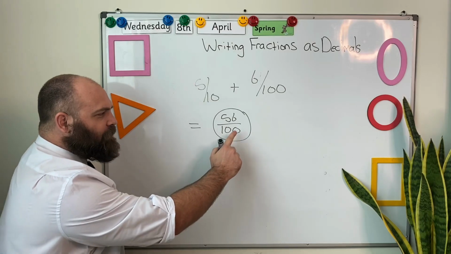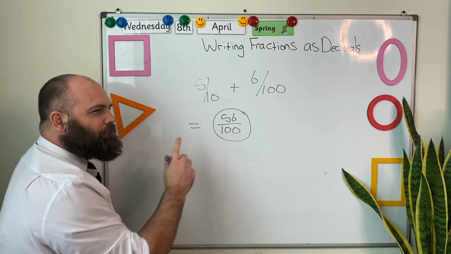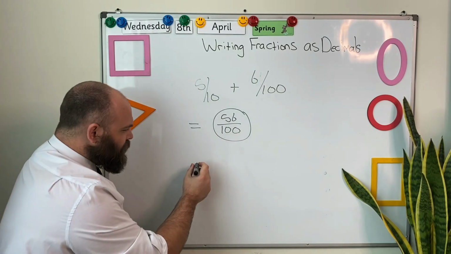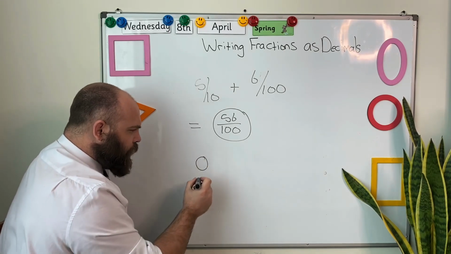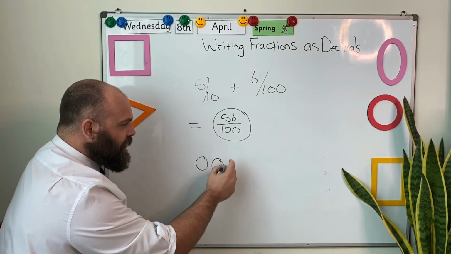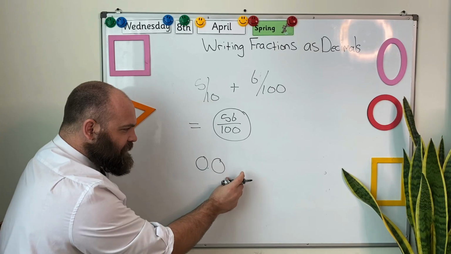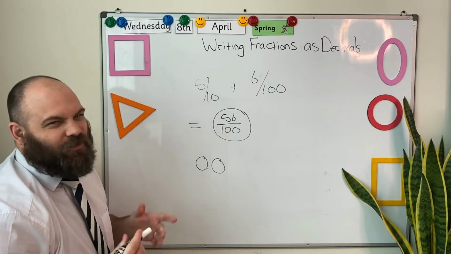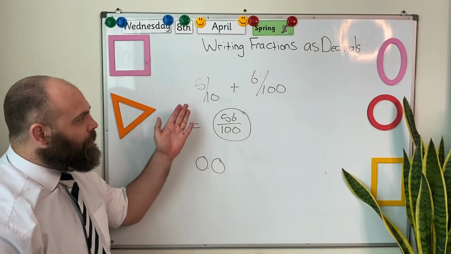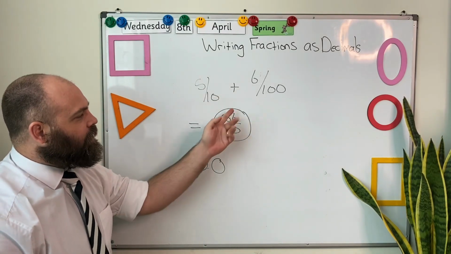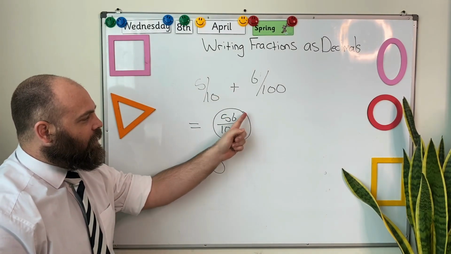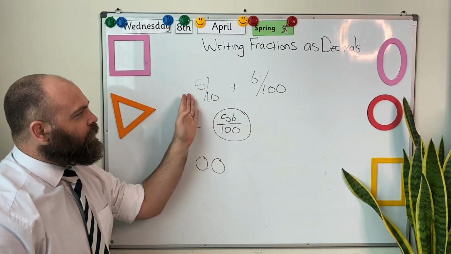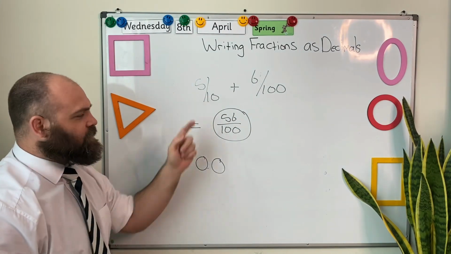Well, if I was given just this, it might be a little bit difficult, because if I have 0 ones, 0 tenths, how can I put 56 in this column here? You can't, can you? All right? But the trick is to know that this answer over here could be taken back into this form.